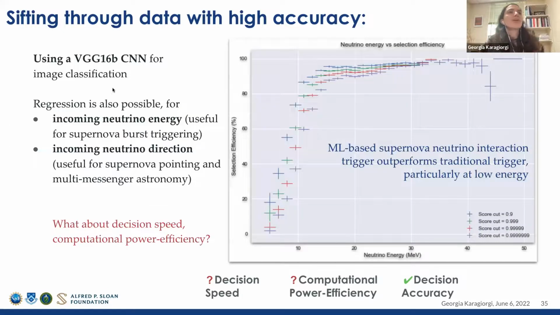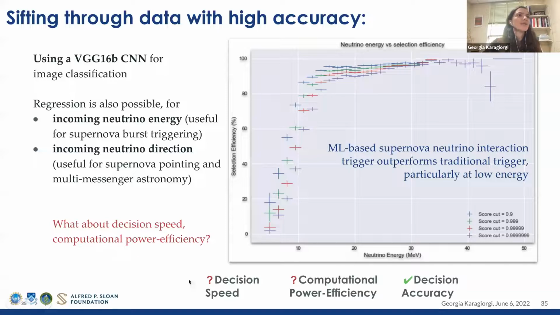And what we found is that not only can you meet your trigger decision accuracy requirements, but also this ML-based scheme vastly outperformed traditional low-level trigger performance, particularly at low energy, below 10 MeV in neutrino energy, which is where you expect lots of your supernova neutrinos to lie.